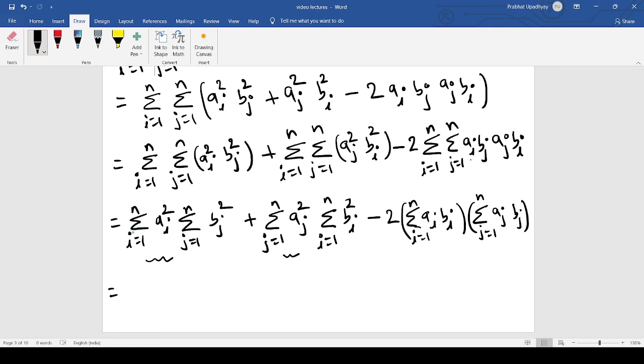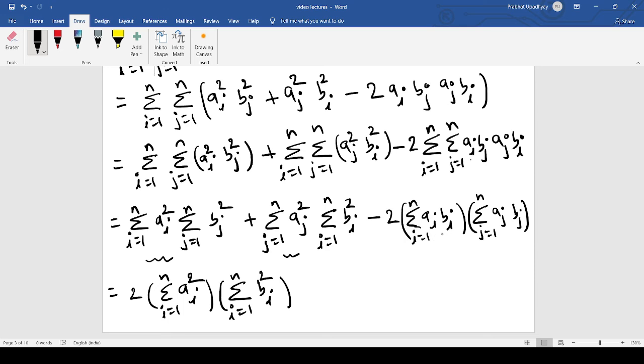That means it is a1 square plus a2 square up to an square. Similarly, here it is summation aj square. That means it is a1 square plus a2 square up to an square. Similarly, summation bj square, j running from 1 to n, is the same as summation bi square, i running from 1 to n. So you can say it is equal to 2 times summation ai square, i running from 1 to n, multiplied with summation bi square, i running from 1 to n.